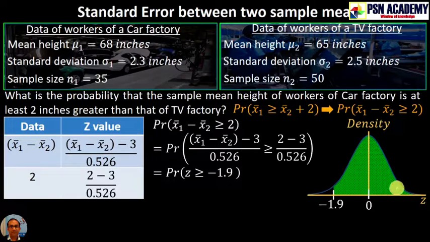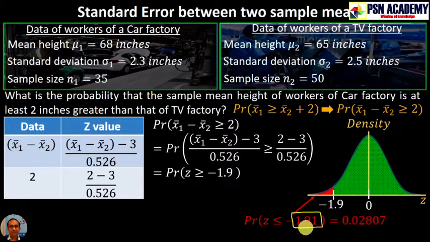That means this whole green region will give you the probability. And the red one, which is below minus 1.9, without including minus 1.9, will be like this. So probability of z less than or equal to minus 1.91.